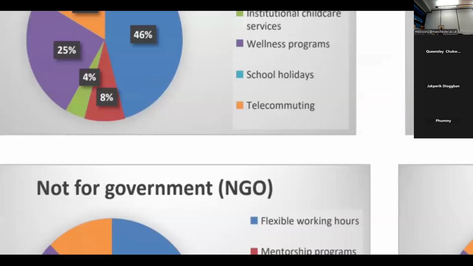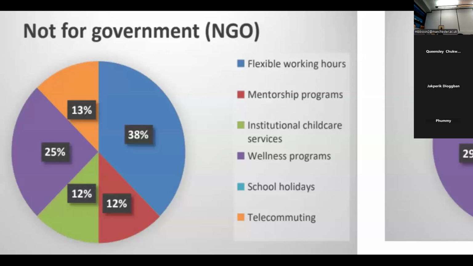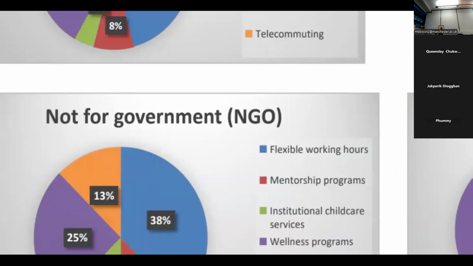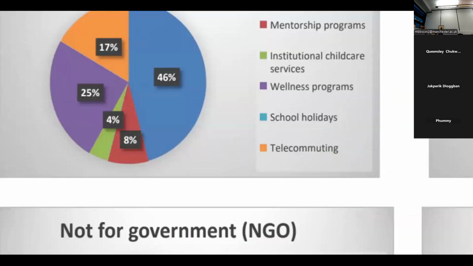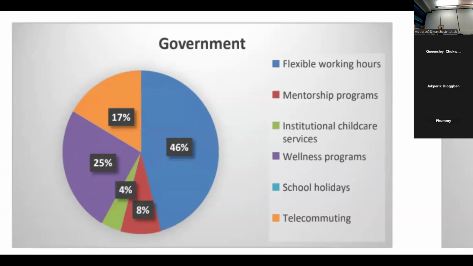And on non-government, we have 38%, and on private, we have 29%, which is taking more of the larger parts from the respondents. So from these, we can see that the most implemented policy is flexible working hours, making it clear that many value flexibility in their work.